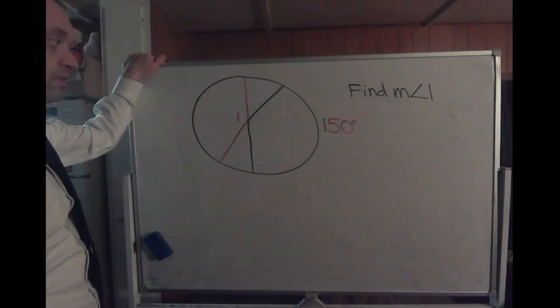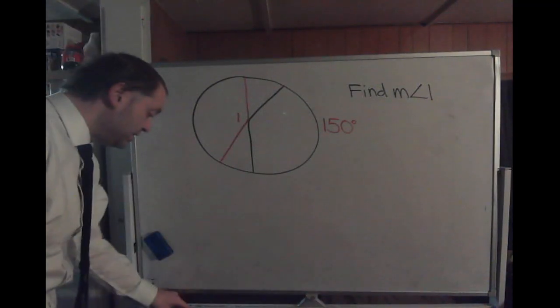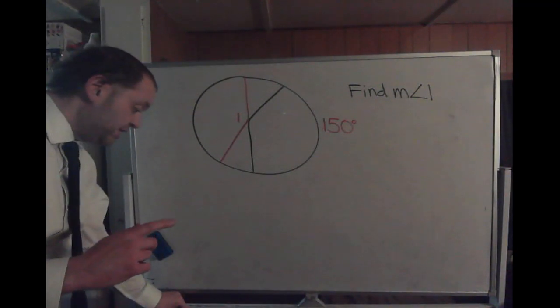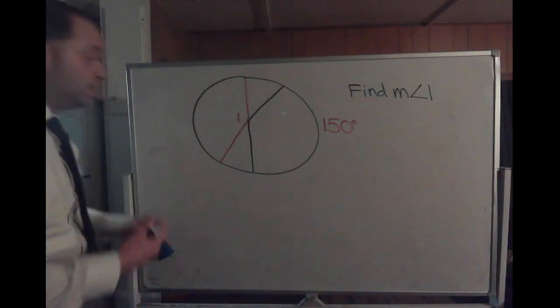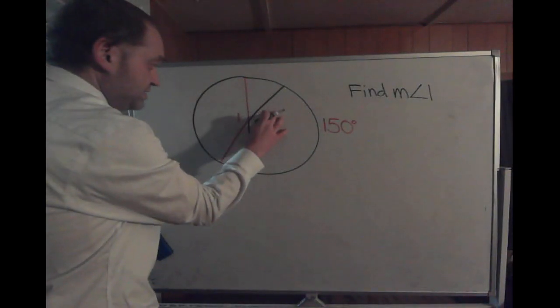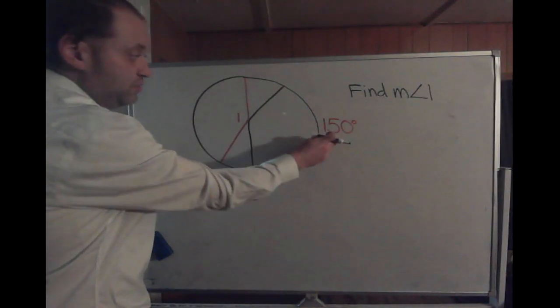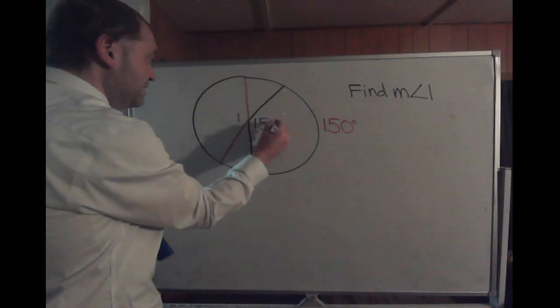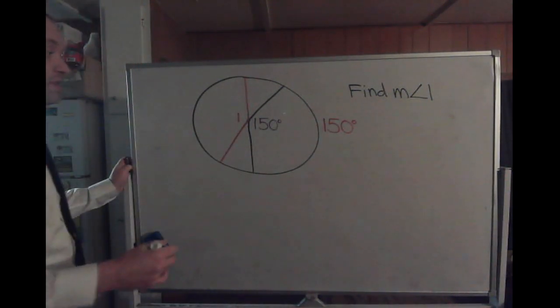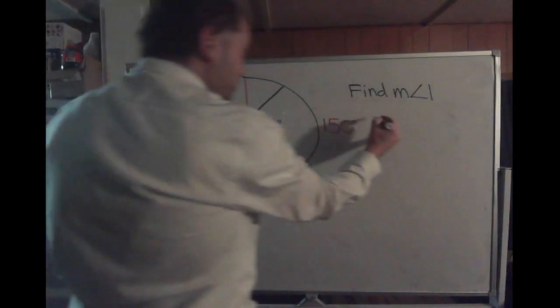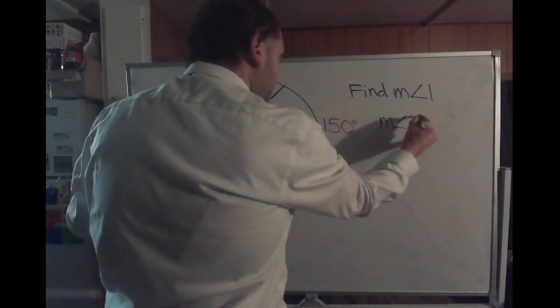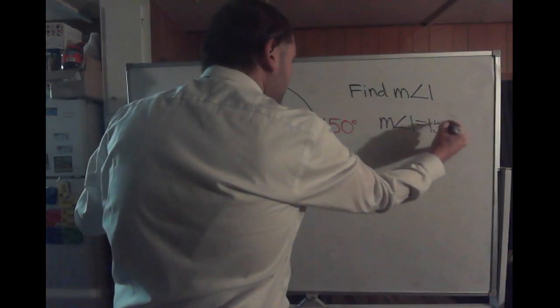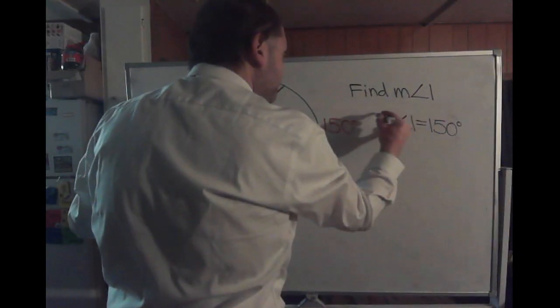That vertical angles are congruent. Vertical angles are definitely congruent, right? Well, this central angle, of course, is equal to the measure of the minor arc, which would give this central angle to be 150. That means since vertical angles are congruent, the measure of angle 1 would have to equal 150 degrees.